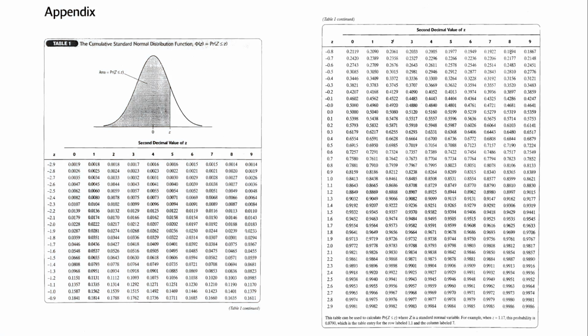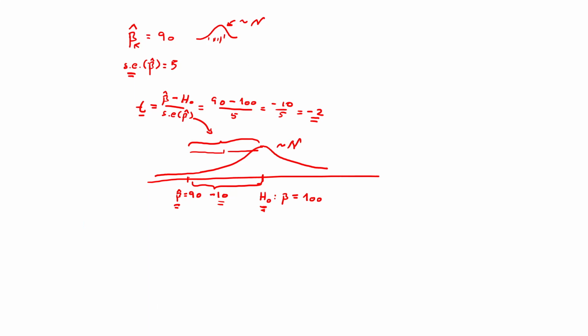But let's focus on the left tail probability here, and we got a probability of 0.0228. So this area here, the left tail probability, is 0.0228.